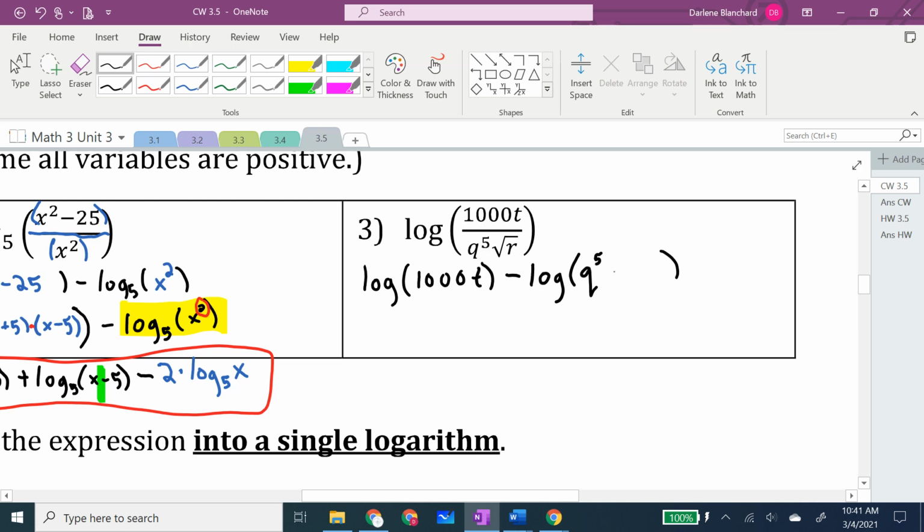And this is an understood multiplication, so I'm going to emphasize it. Then I'm looking for the multiplication that I notice inside these logarithms, and I can separate the multiplication through addition.